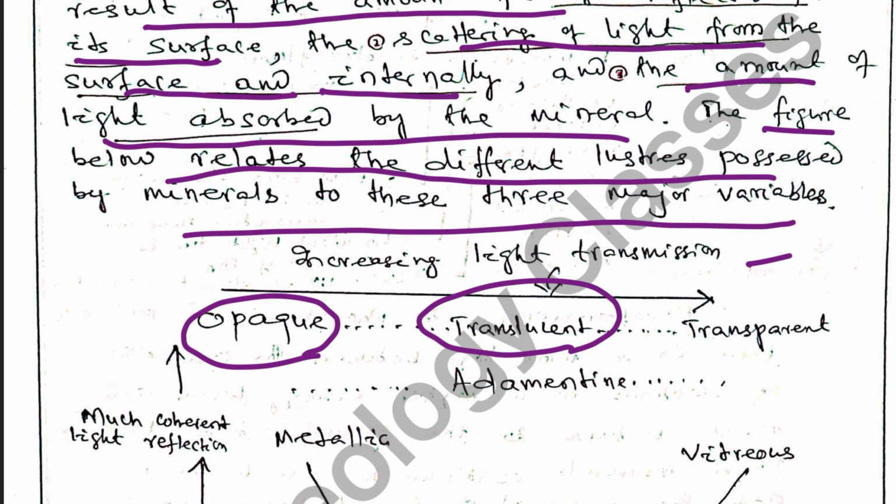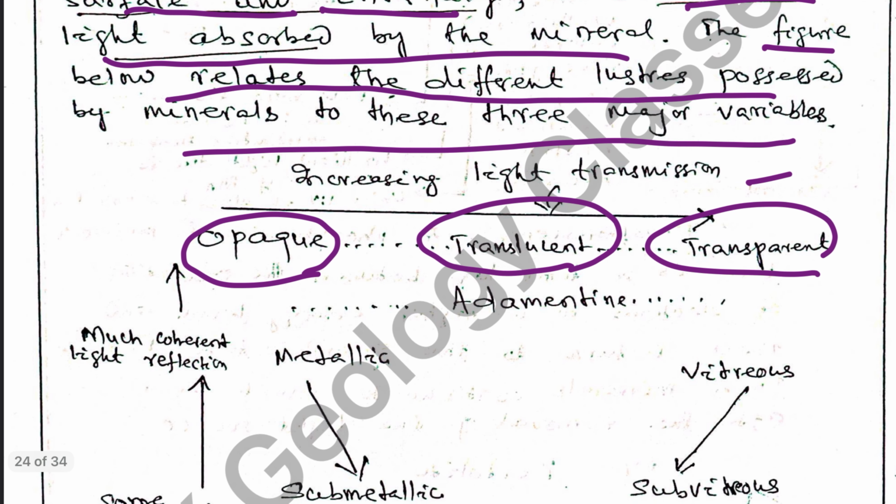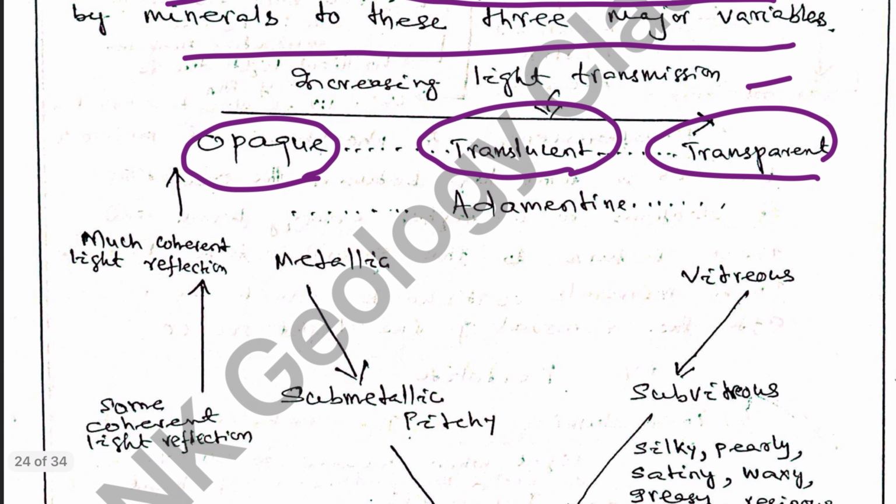Translucent, to some extent. Transparent, light is fully transmitted. So the terms opaque, translucent, transparent are based upon the light transmission capacity of the minerals.